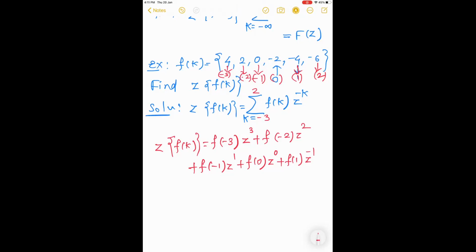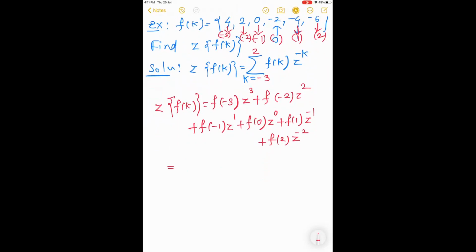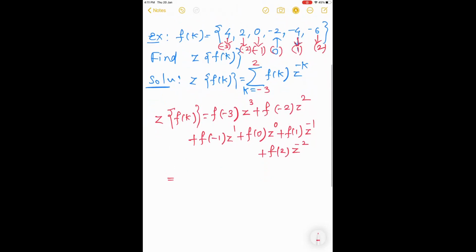Yes, if we put k equal to 1, then it will be -1, and f of 2 z raised to -2. So this is our series form. Now just put the values. f of -3 is 4 multiplied by z cubed. Then f of -2 is 2 z square. Then f of -1 is 0, so no need to write anything. So plus f of 0 is -2, -2 into z raised to 1.